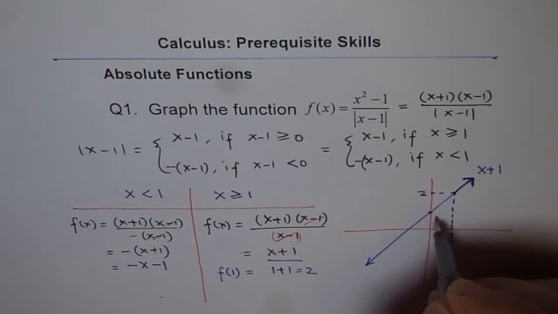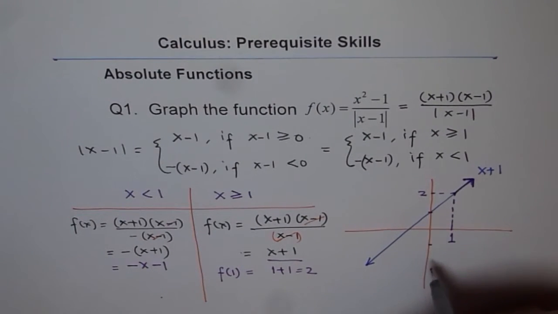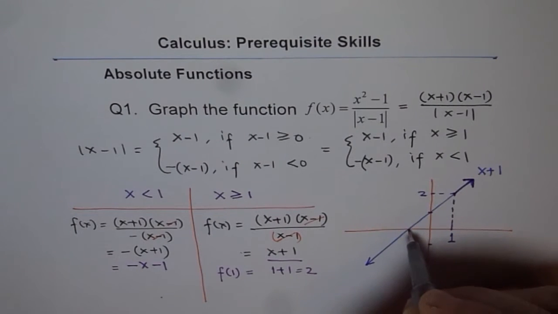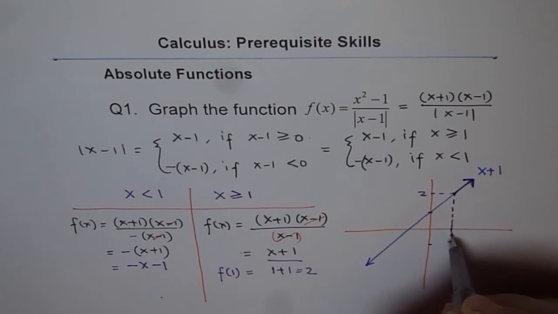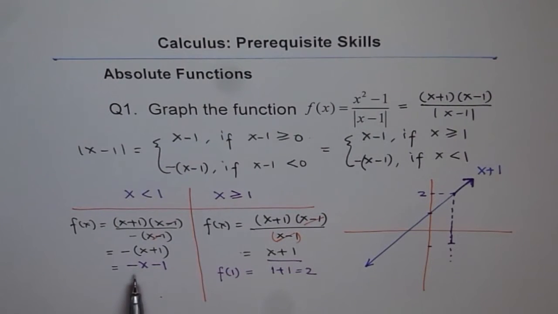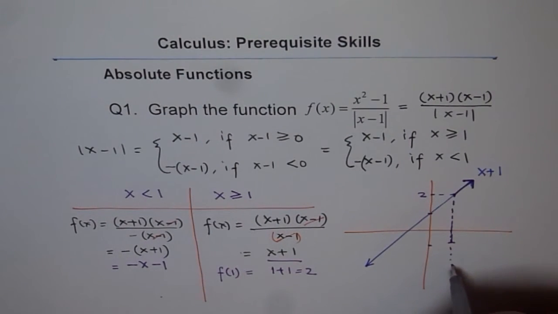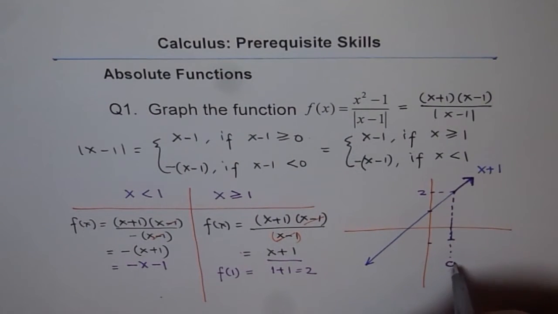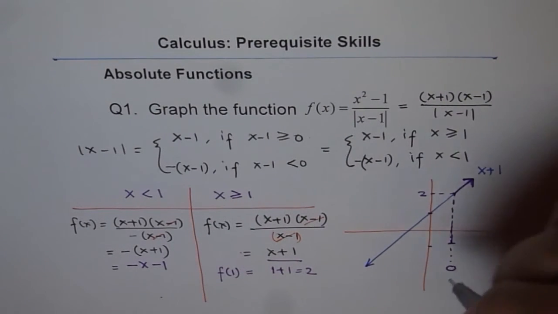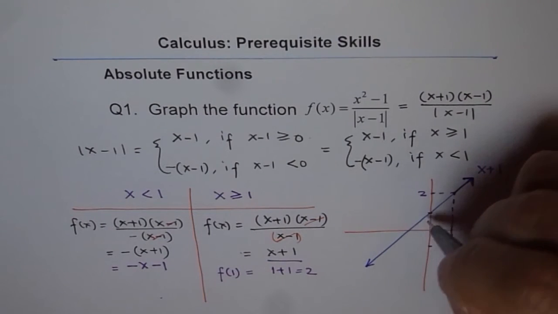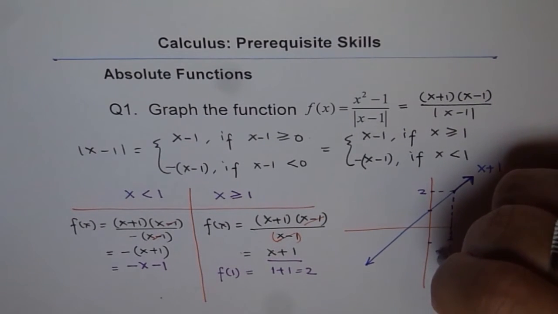So instead of 1, this y-intercept will be at minus 1. The value is minus 2 where we are going to have the hole, right? So let's say this is the hole, and the line will be reflected like this.